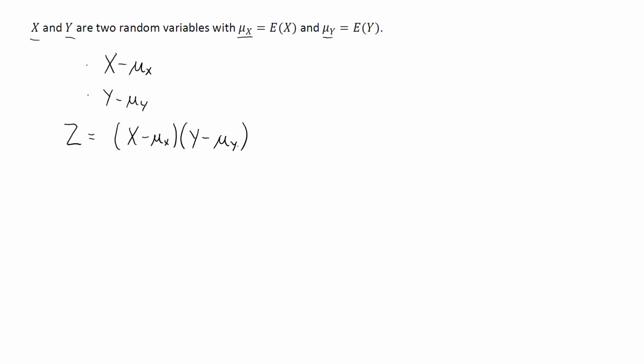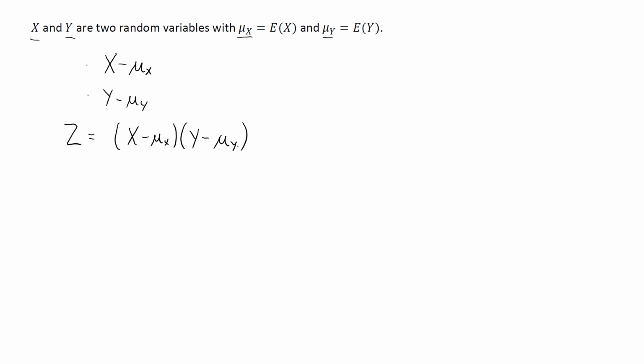So z will take a positive value if x is above its expected value and y takes a value above its expected value. Z will also take a positive value if x goes below its expected value and y goes below, while z will take a negative value if these two terms have different signs.